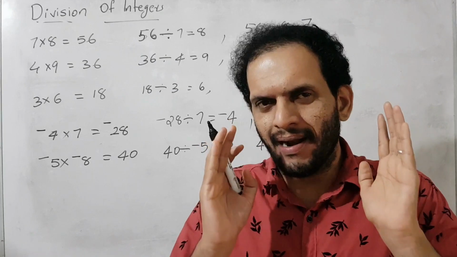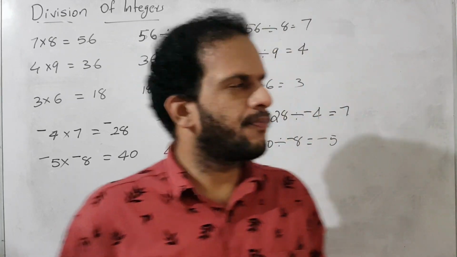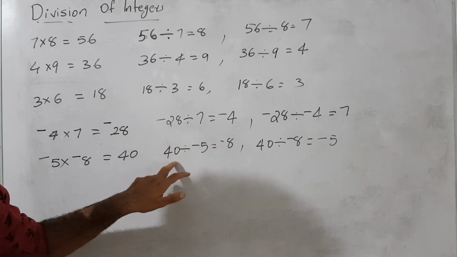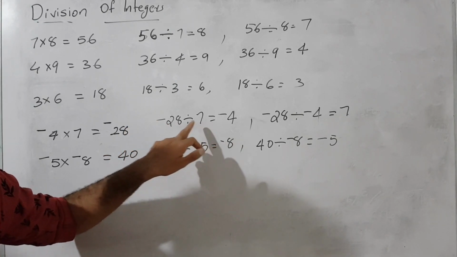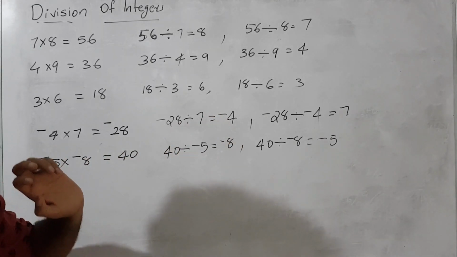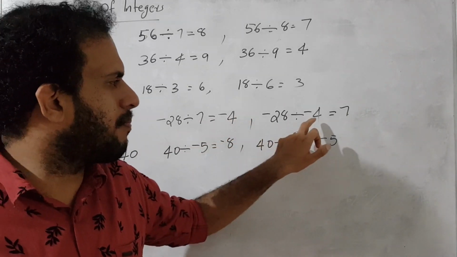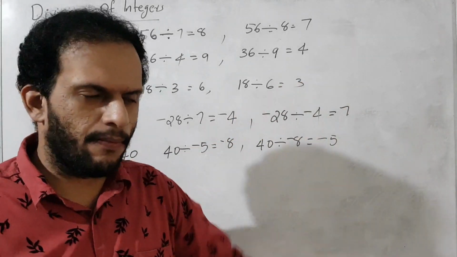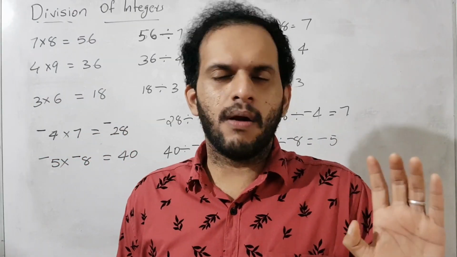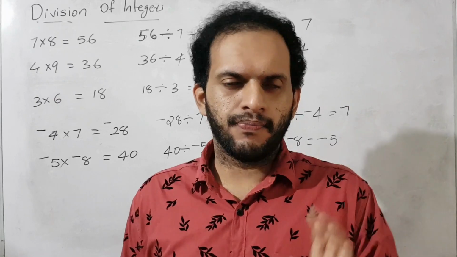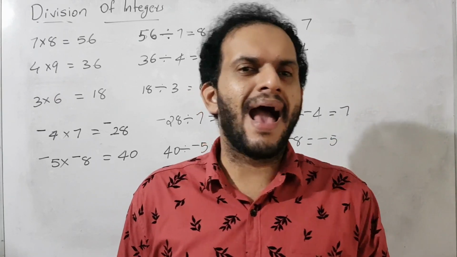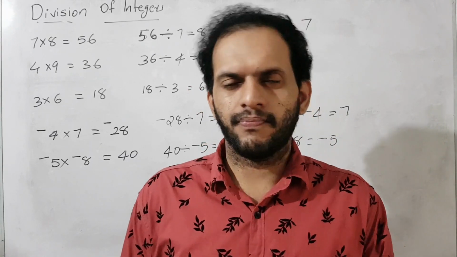Okay, how do we generalize the idea? We generalize like this. If we divide one positive and one negative, the answer is negative.